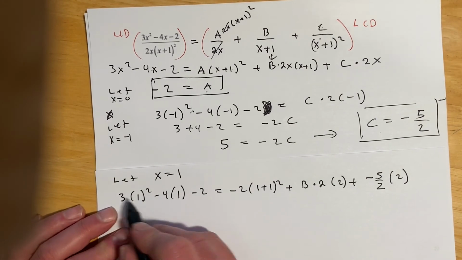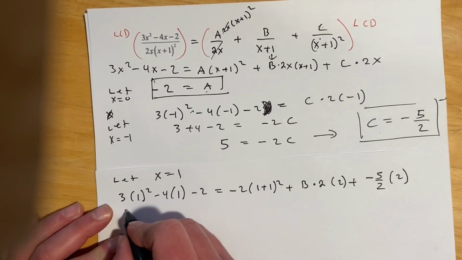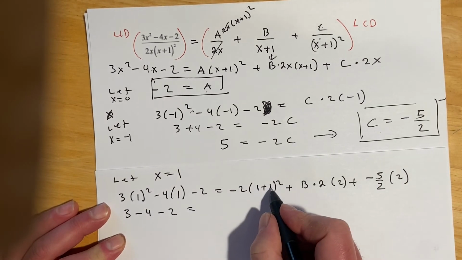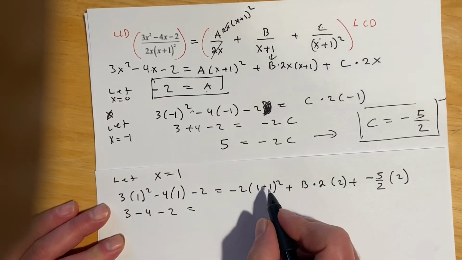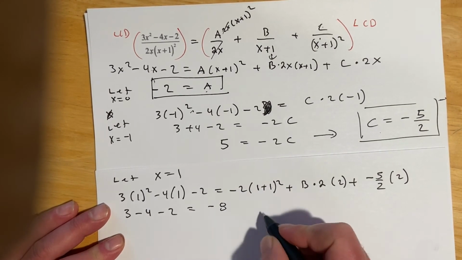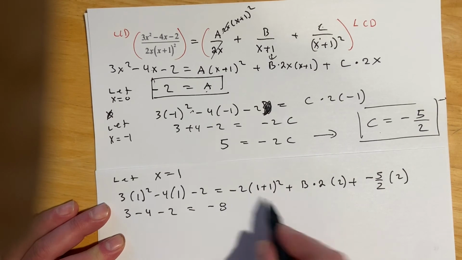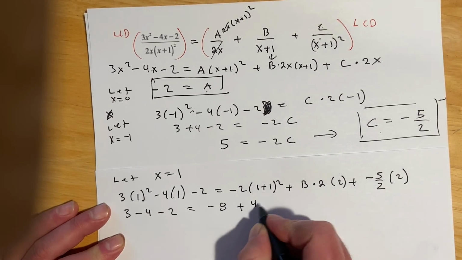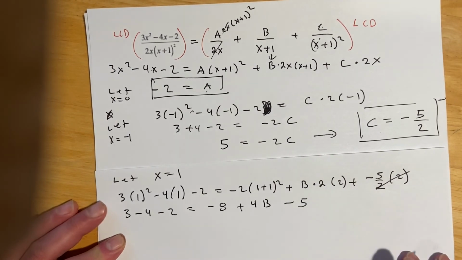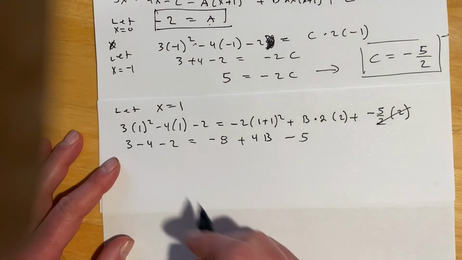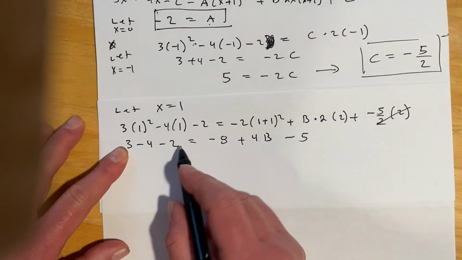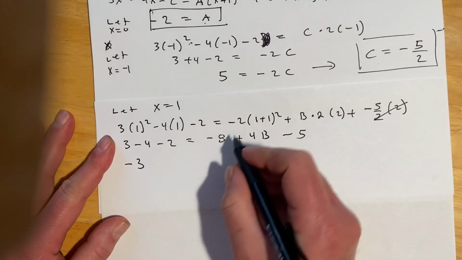So this mess, 1 squared is 1, and so that's a 3 minus 4 minus 2. 1 and 1 would be 2 squared. 2 squared would make 4, and then 4 times 2 should be 8, and negative because of that sign, plus 4b. Those 2's cancel, and minus 5. So then this would be 3 minus 6, so that is -3.